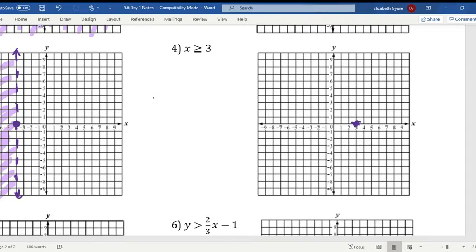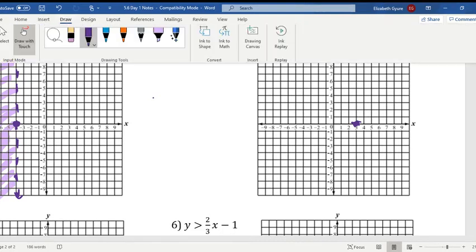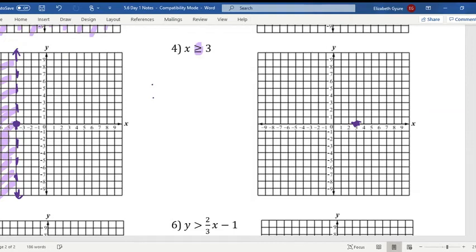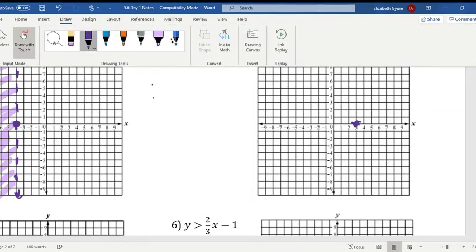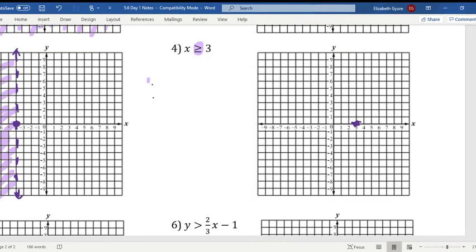All right, good. Somebody else, is this going to be a vertical or a horizontal line? Yep, this one's vertical. And if our symbol is greater than or equal to, should my line be solid or dotted? Ooh, we got both responses.